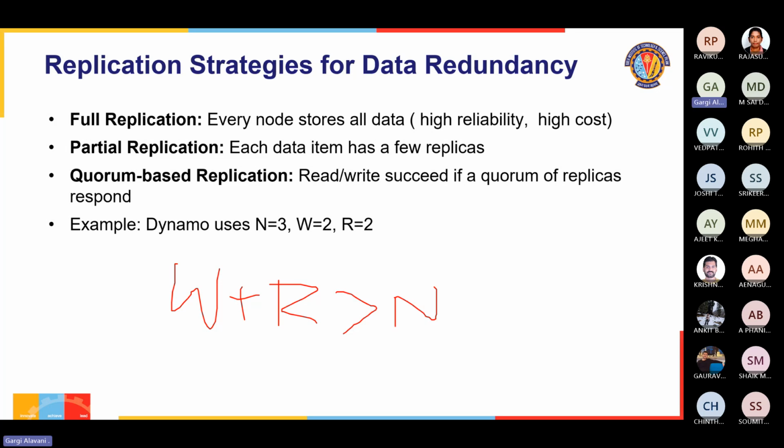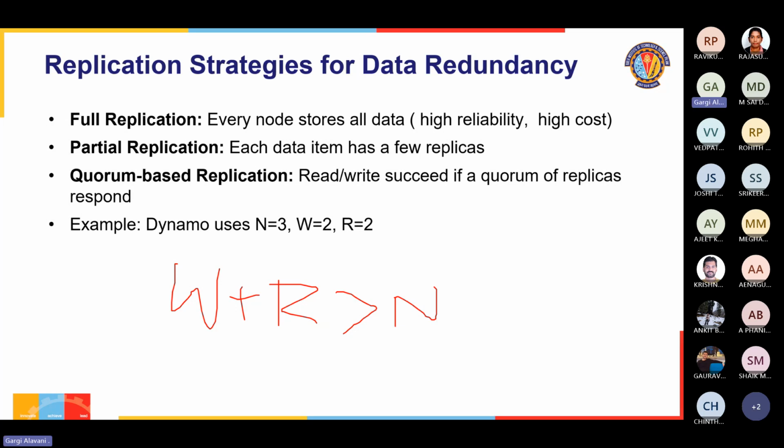If your formula W plus R is greater than N, this ensures that at least one replica involved in any read has the latest write. So this guarantees consistency. For example, in Amazon's Dynamo, N is equal to 3, so each data item has 3 replicas.